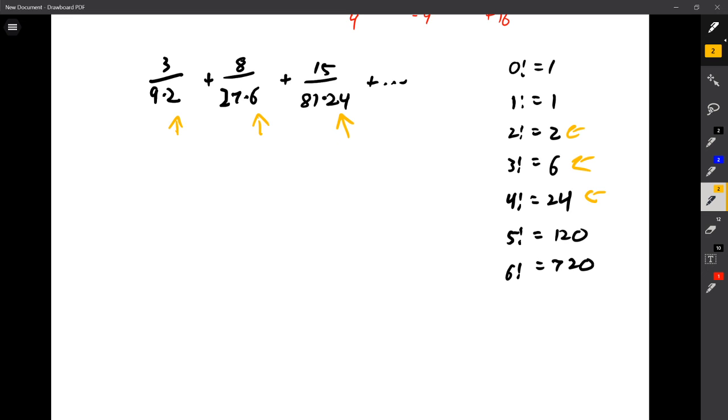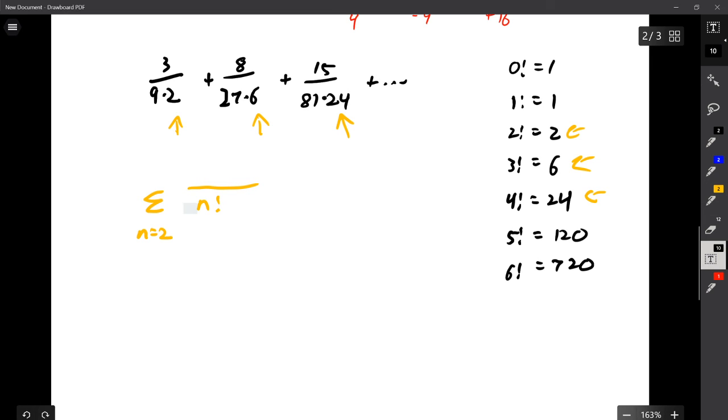Okay? So in particular, I have 2 factorial, 3 factorial, 4 factorial. So maybe I can start at n equals 2, and I have an n factorial going on in the denominator. Let me put that farther to the right, because that's the one I'm dealing with, the right-hand side of the denominator.